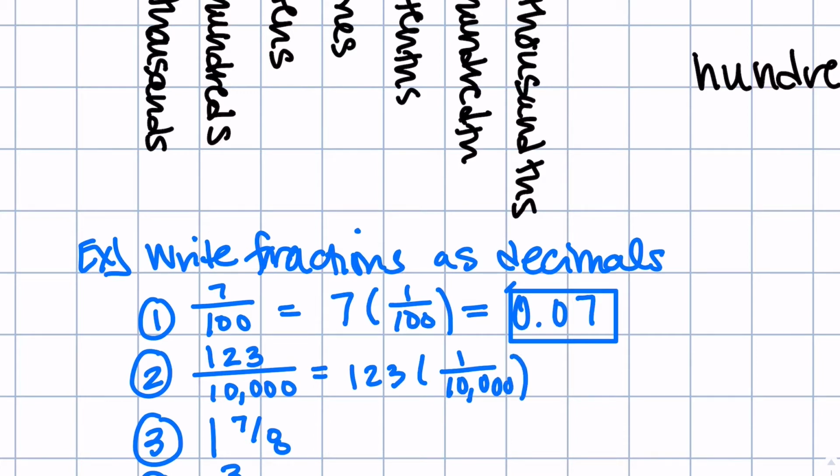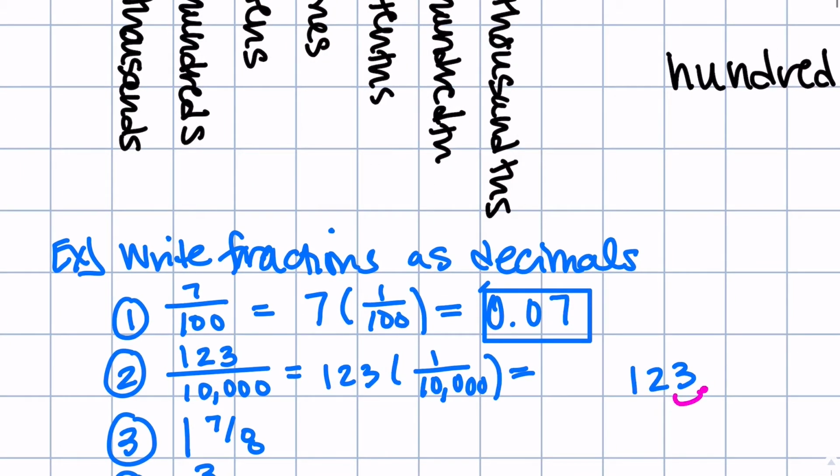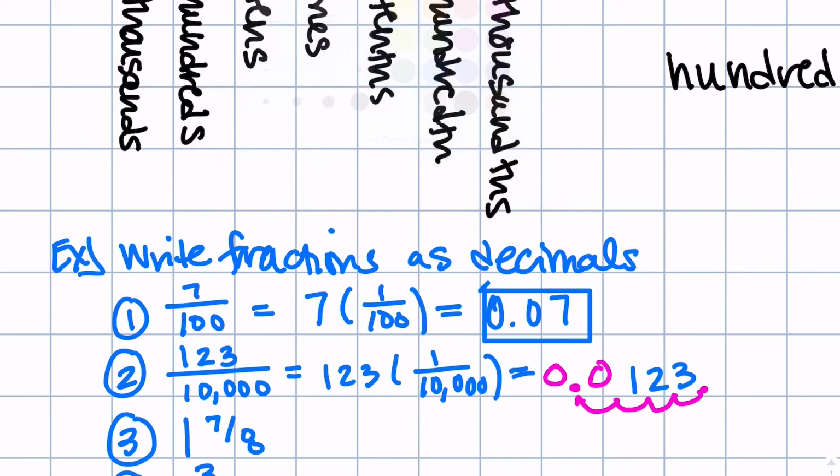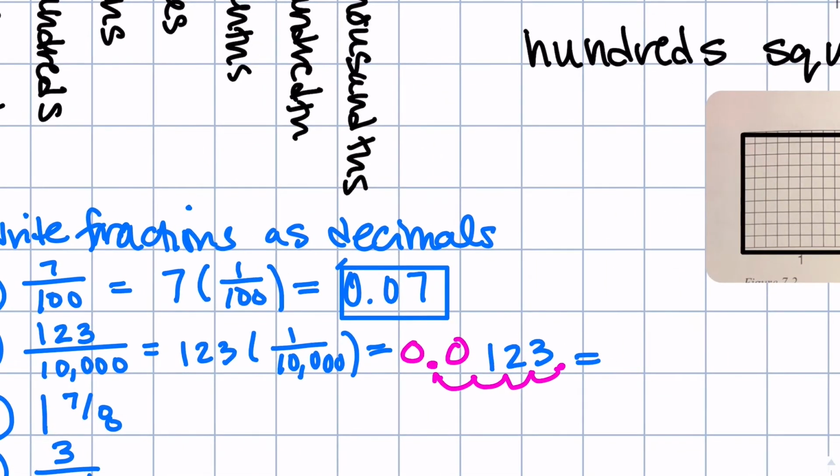So I'm going to move the decimal to the left 4 places. We can imagine looking at 123, there's a little decimal here on the far right, and I'm going to move it 1, 2, 3, 4 places, right? So I need to add another 0 in here. So in other words, my decimal notation is 0.0123.